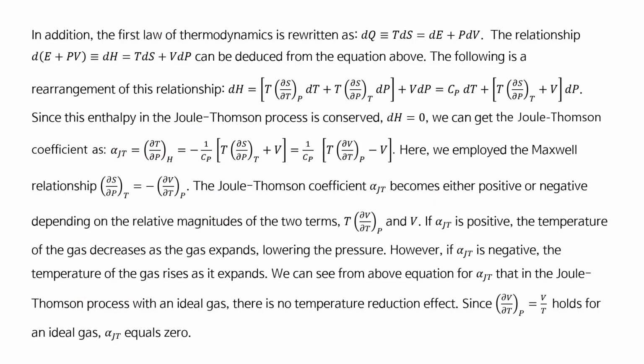In addition, the first law of thermodynamics is written as this equation. The relationship of differentiation of E plus PV is the enthalpy, differential of enthalpy, and you can have this relation.